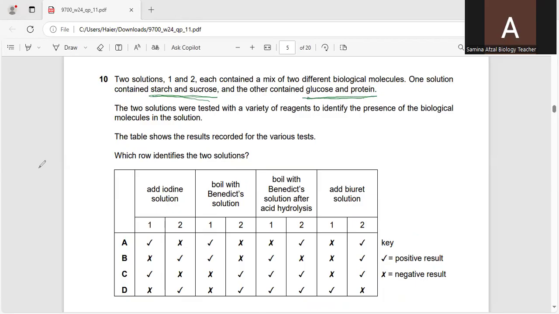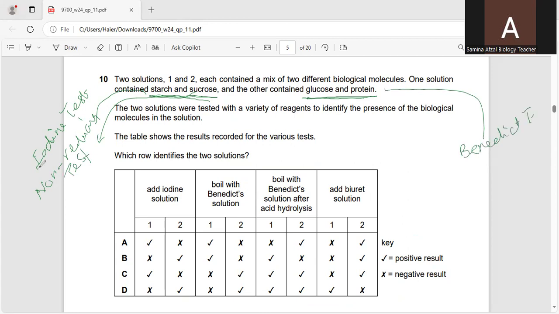And students know, for starch there is the iodine test, and sucrose is non-reducing. Glucose is a reducing sugar, and for protein there is the biuret test.